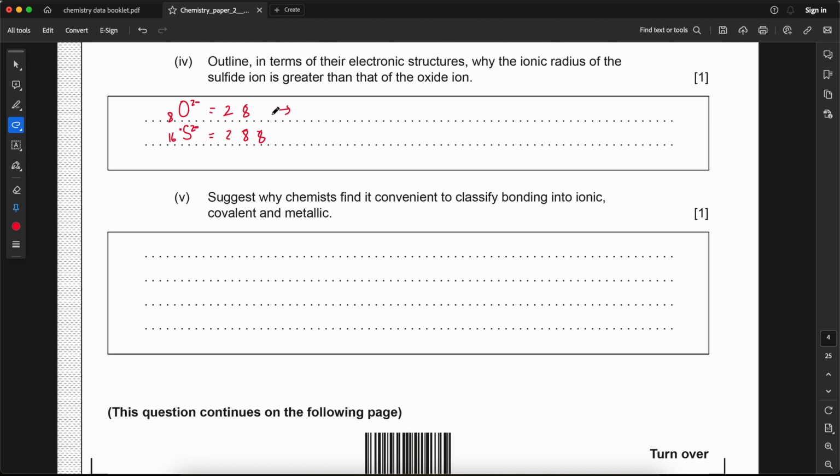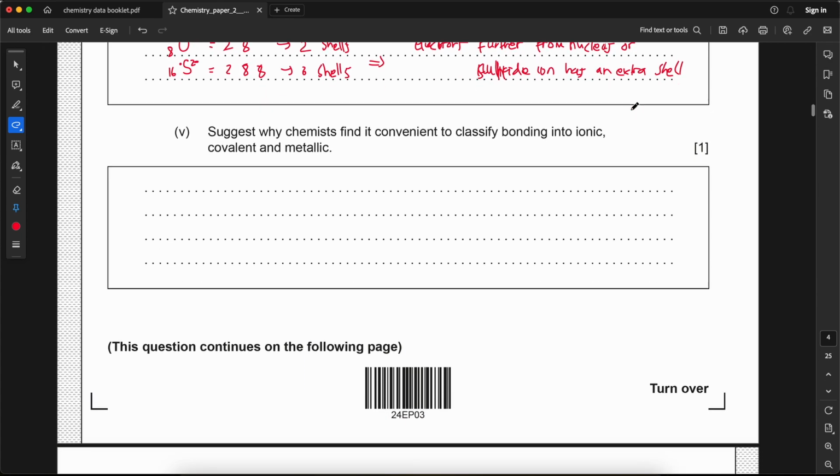So as you can see here, the oxide ion has 2 shells, and the sulfide ion has 3 shells. Therefore, the outer electrons are further from the nucleus, or the sulfide ion has an extra shell. That's why the ionic radius of the sulfide ion is greater than that of the oxide ion.